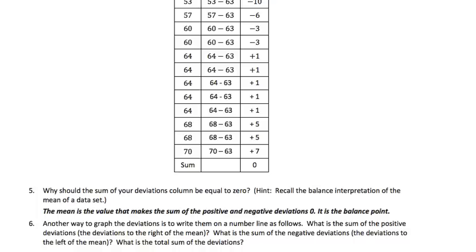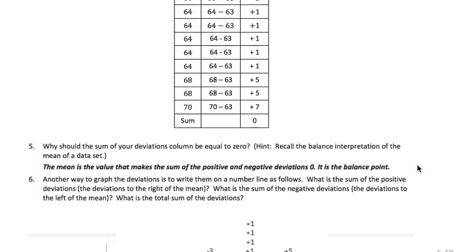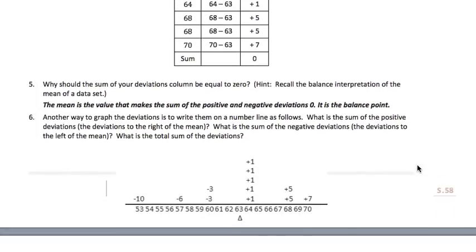Another way to graph the deviations is to write them on a number line. So if we look at the number line, we see that 63 is our balance point. And then if we add 1, 2, 3, 4, 5, 10, 15, 22 is all of our positive points.